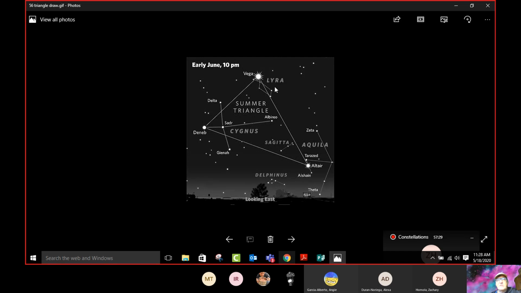Because I was familiar with the triangle, I was able to start paying attention to more details around it, and I found this little constellation, which is pretty sweet. A pretty tight grouping of bright stars, pretty packed together, and making up the dolphin next to the summer triangle.